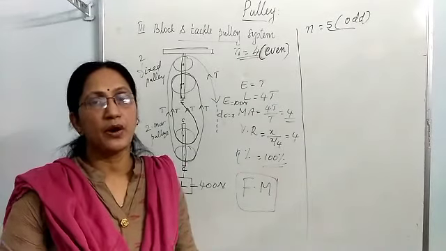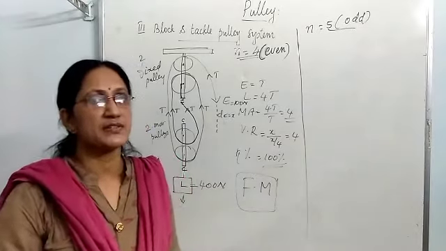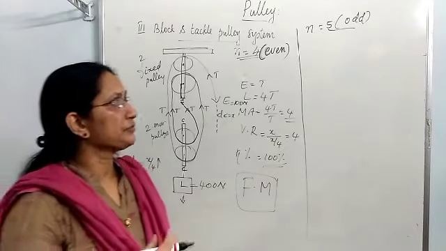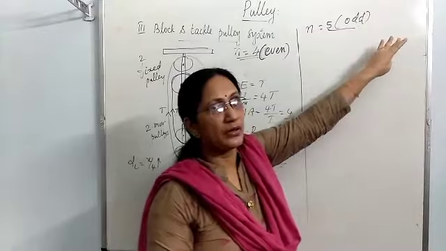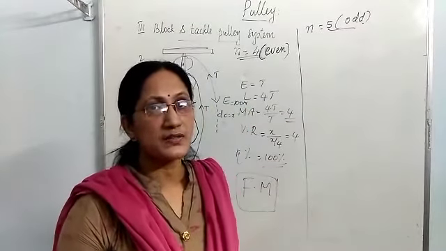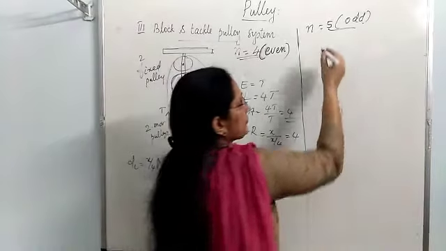Usually the block which is having extra pulley or more pulleys will be used as the upper block. That will be used as a fixed pulley. So we will divide 3 pulleys in the upper block and 2 in the lower block. Lower block pulleys are movable, upper block pulleys are fixed. See the diagram.